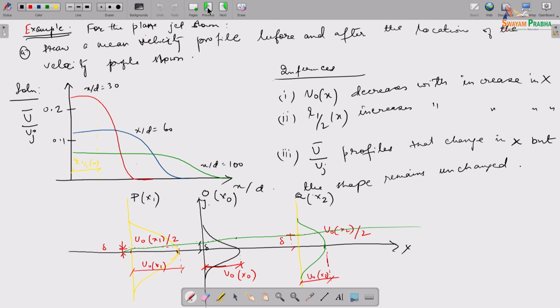If we draw the plots like that, we see that the location at which the velocity is 1/2 of the center line velocity is by definition the jet half width. It essentially defines the spread of the jet, and it's seen that it increases.